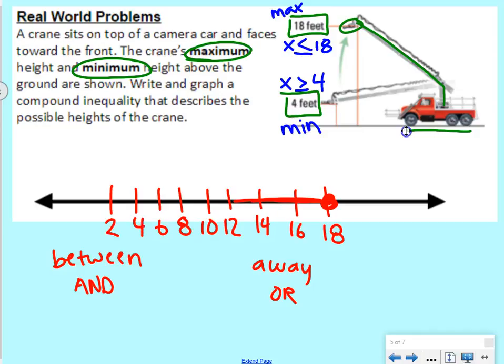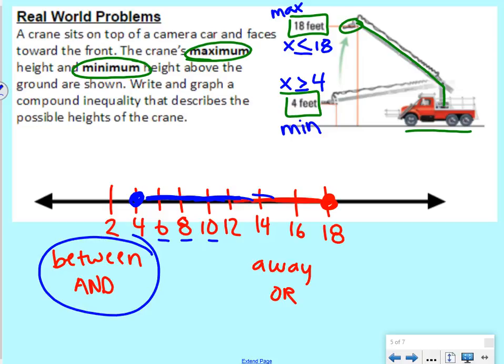So let's graph x is greater than or equal to 4. We'd have a closed circle at 4. Greater than would be 6, 8, and 10. So we'd go this way. So our two graphs meet in the middle. It's a between graph. It's an "and". So we'd say x is less than or equal to 18, and x is greater than or equal to 4.